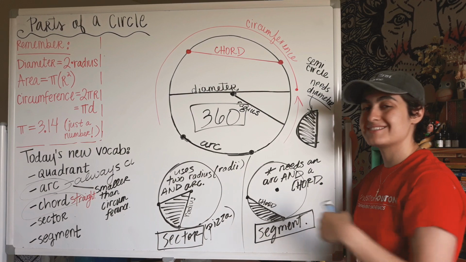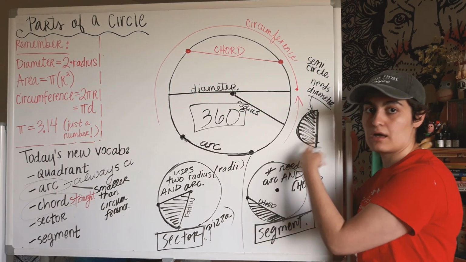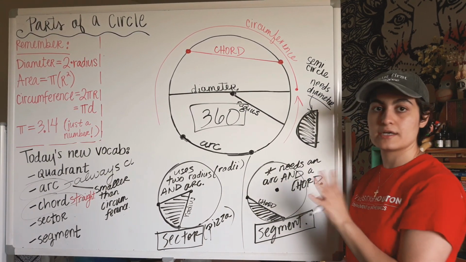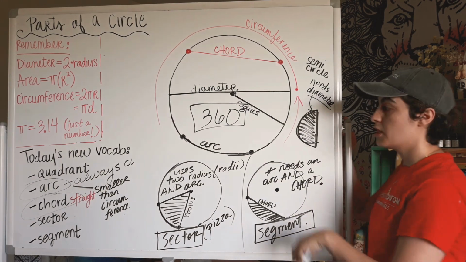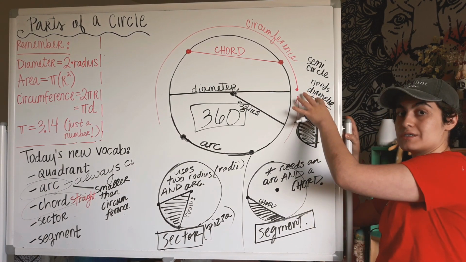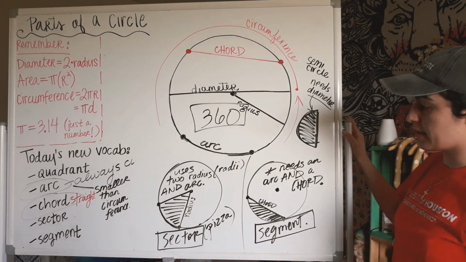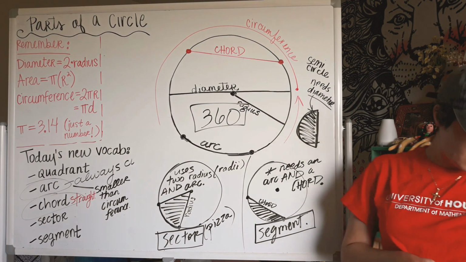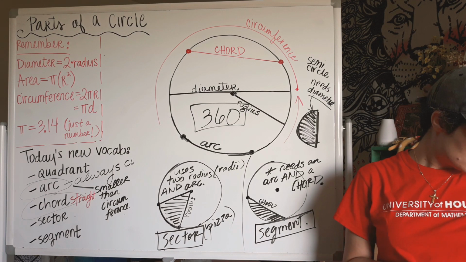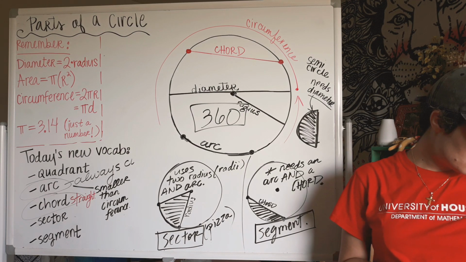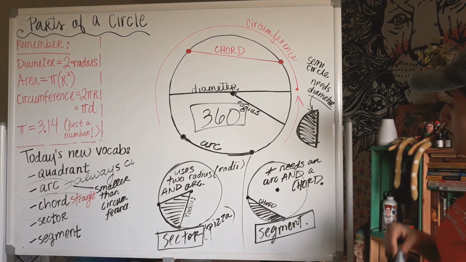The segment does not need the diameter. It can be any line. It doesn't matter. It just requires a chord. But the diameter is needed for the semicircle. Okay? And I think that's it. Yeah, that's it.